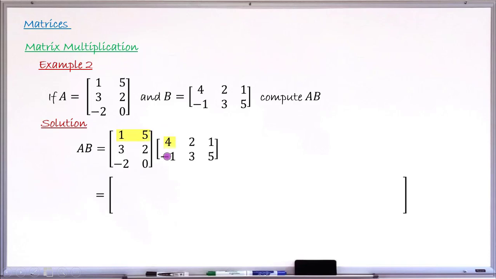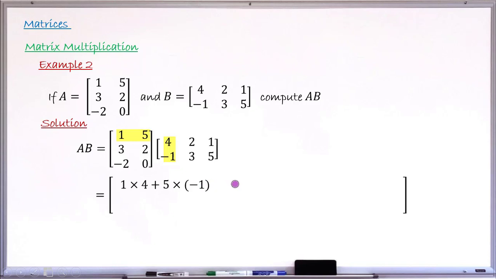This row times this column is what I'm going to have here. So I'm going to have 1 times 4 plus 5 times minus 1. So I'm going to add the two products. Let me just write it here: 1 times 4 plus 5 times minus 1.